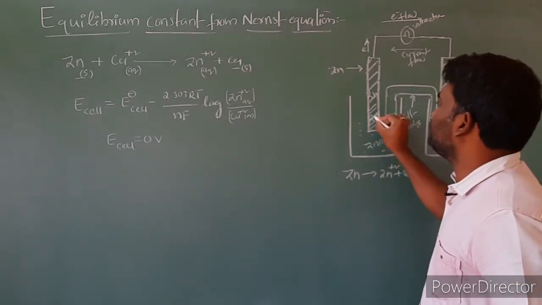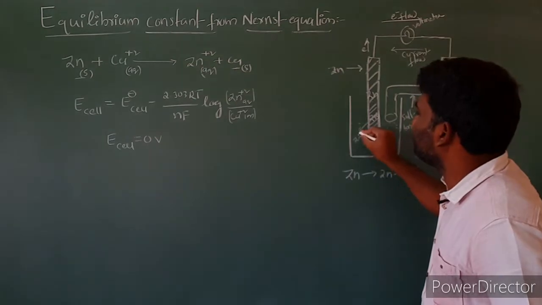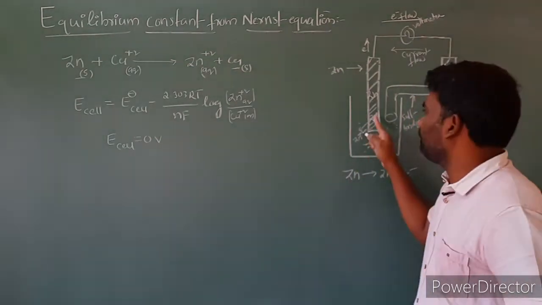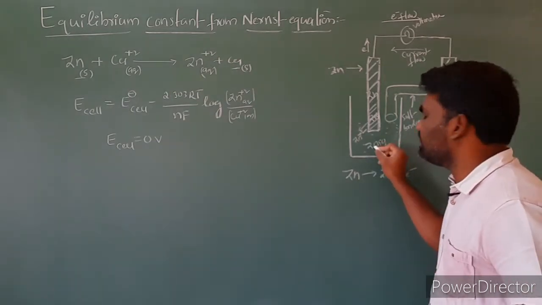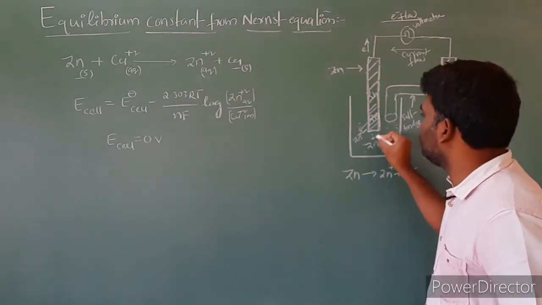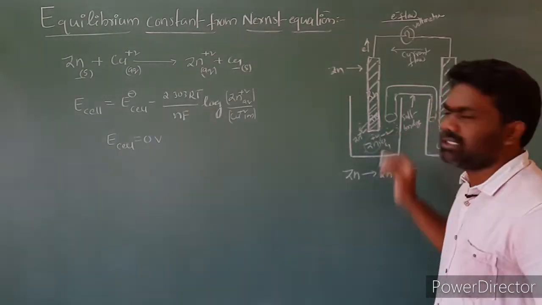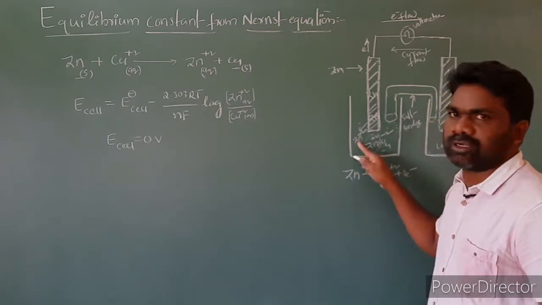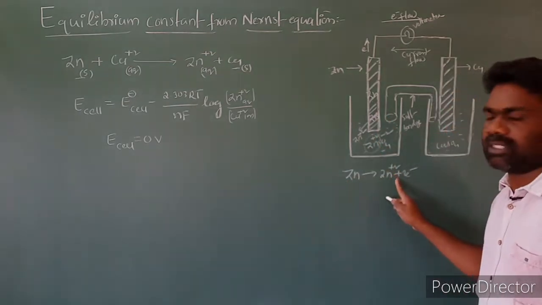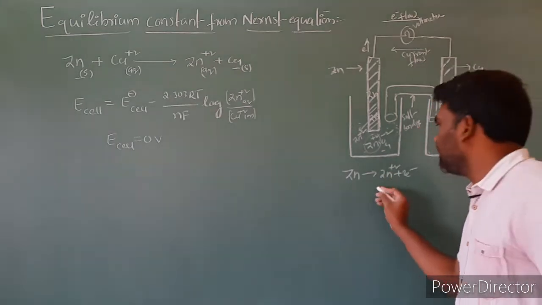The zinc rod enters the solution in the form of Zn2+. Already zinc sulfate is there, Zn2+ plus SO4 2-, and newly Zn2+ is added from the zinc rod. As a result, the concentration of Zn2+ ions increases.